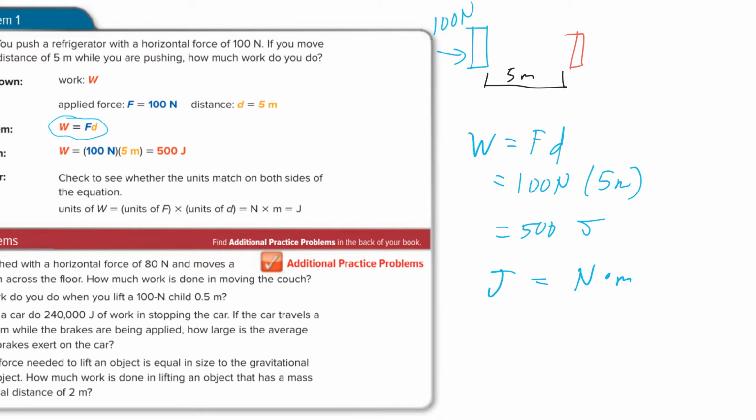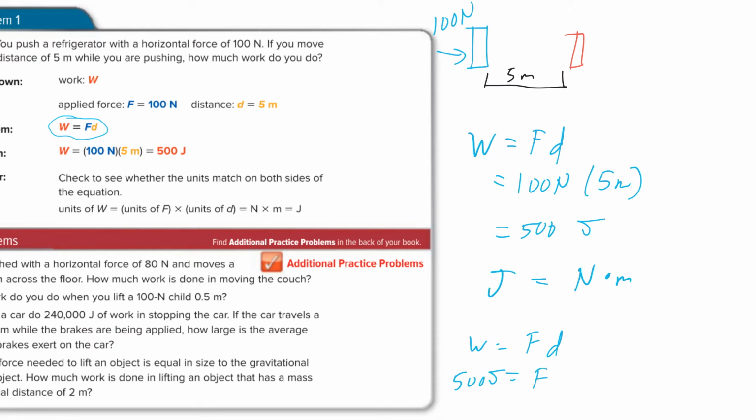So what if you're given other parts of this? What if you're told that your work was 500 joules and you move something a distance of 5 meters? How much force did that take? So you would know, again, work equals force times distance. You know your work is 500 joules.